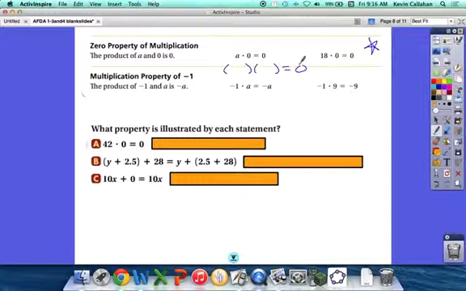And this one is not a bad property. The multiplication property of -1 just means if you multiply anything by -1, you get the opposite. Let's say you were solving an equation and you had -x equals 23. You still have to solve for x, because that's not x, that's -x.